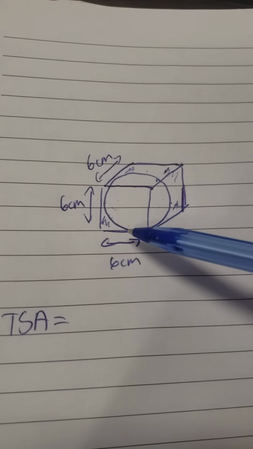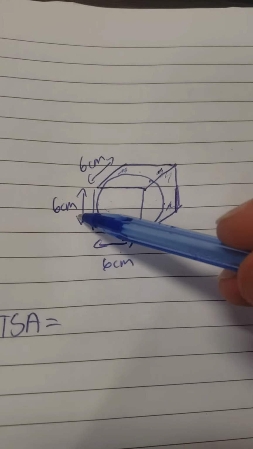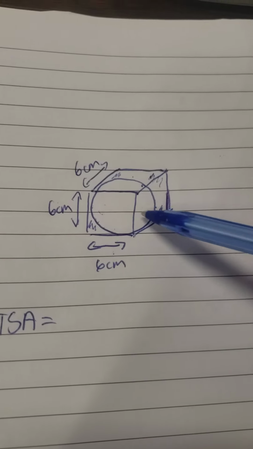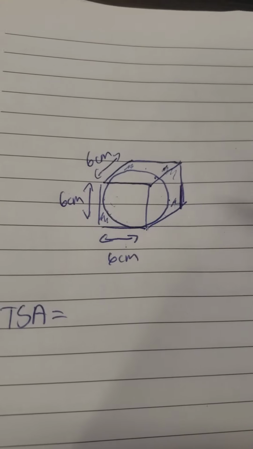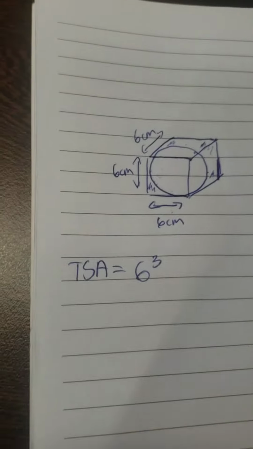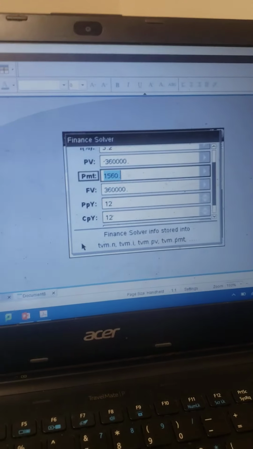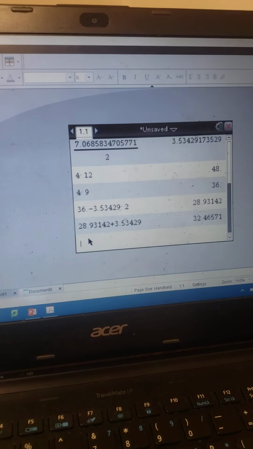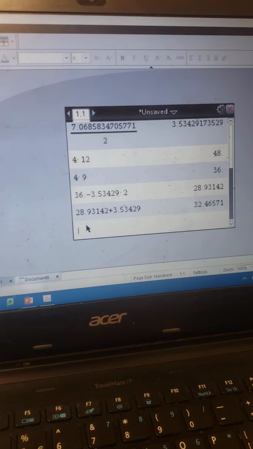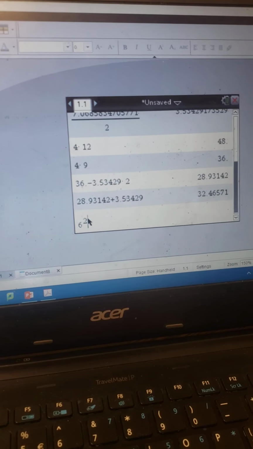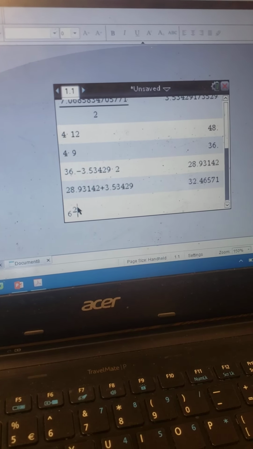Remember, guys, to find the total surface area of a cube, the length times the width will get us one face, and we've got 6 faces that are the same. So 6 times 6 times 6 again is going to be 6 cubed. I'll go to my calculator and do that. 6 cubed.